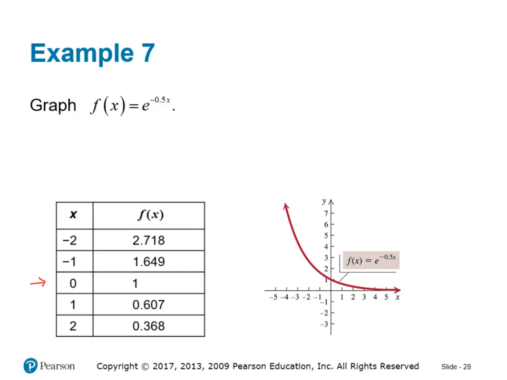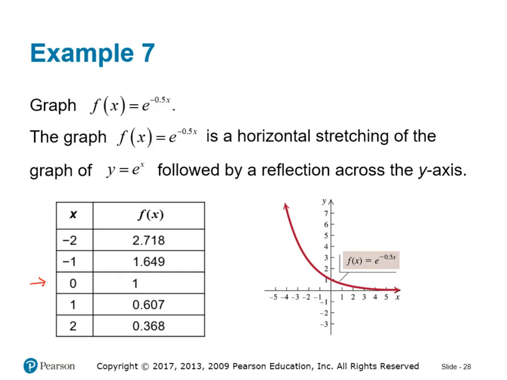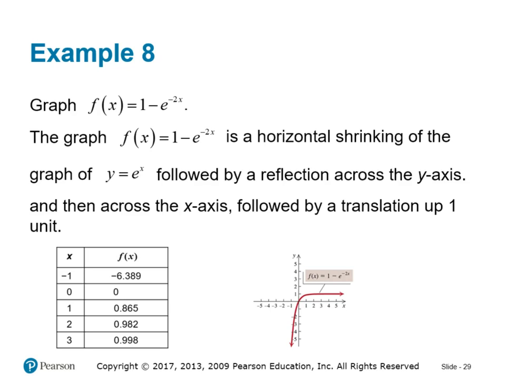I think we're just about done here. So that's the horizontal stretching. And you're going to have that decreasing, right, because of the negative on that exponent. And here's our next one.